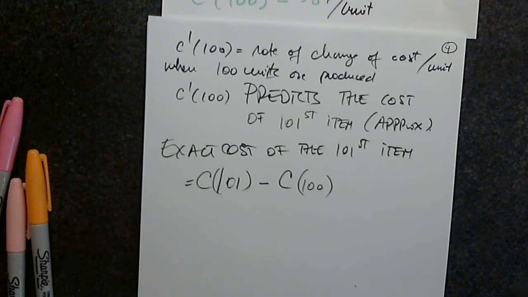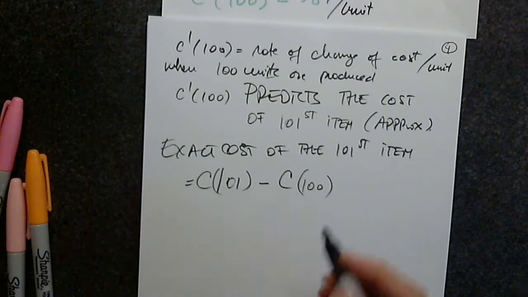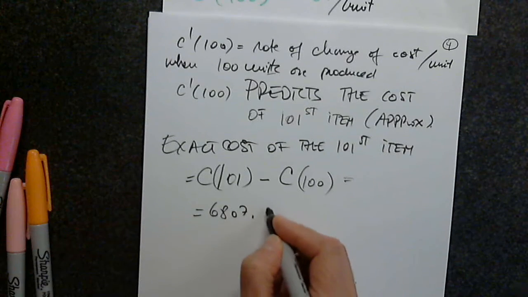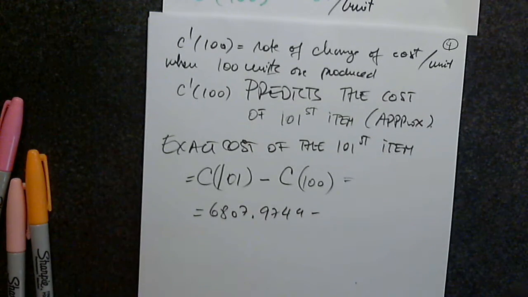Good. So now second in table. Please give me the right answer. Thank you. So for producing 101, 6807.9749 minus, okay, scroll down, 6750.